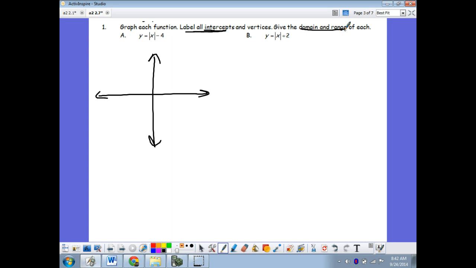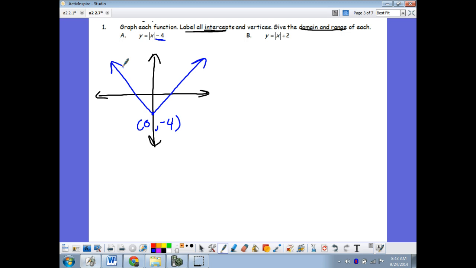So in this first case, we're going to take this parent function whose vertex is at the point 0, 0, and we're going to slide it down 4 units because it's minus 4. So the vertex is now at the point 0, negative 4 instead of the point 0, 0. And then we're going to draw the V shape opening up.